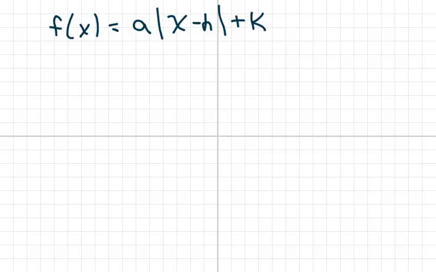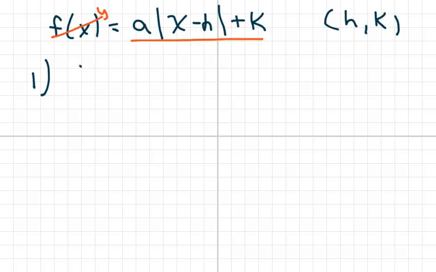The vertex is (h, k). So let's do a few examples of this. Remember, this is our formula, and if you want, you can change that to y.